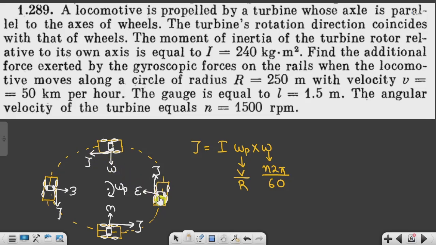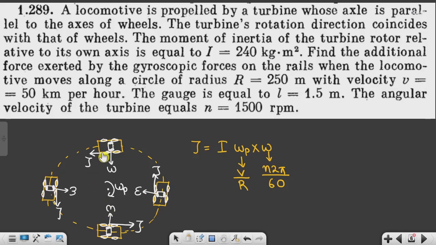This torque is trying to change the angular velocity vector, same like circular motion. In circular motion, what does the centripetal acceleration do? Centripetal acceleration tries to change the direction of velocity vector. Similarly, gyroscopic torque out here changes the direction of angular velocity vector. So this is our concept out here.